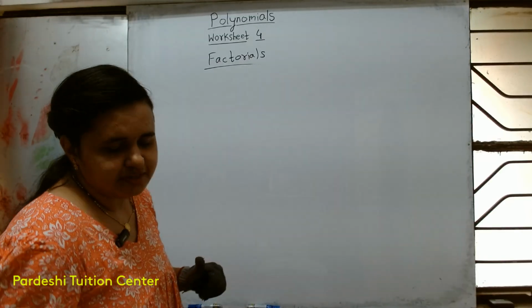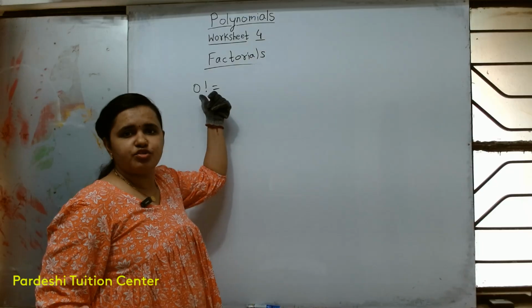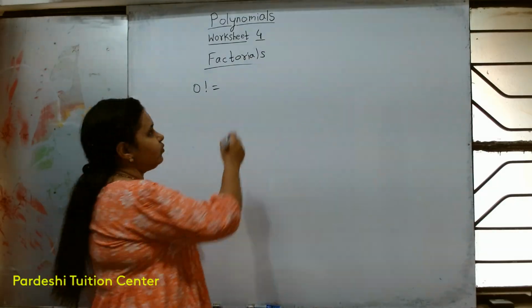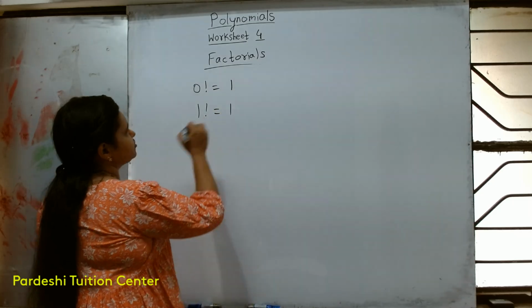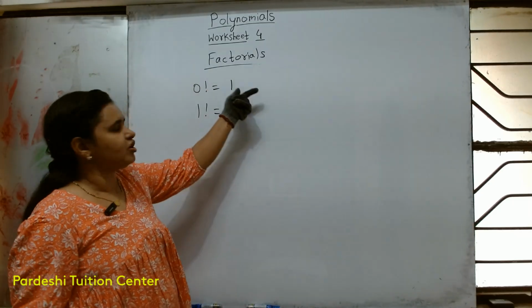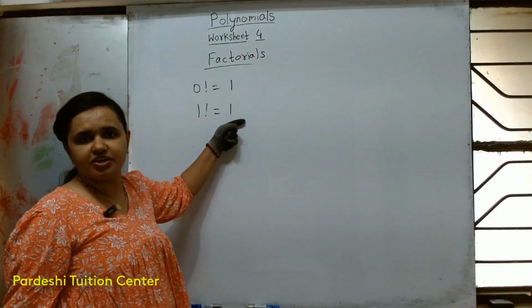Now, if I ask you what is 0 factorial, remember 0 factorial is always equal to 1, and 1 factorial is also equal to 1.